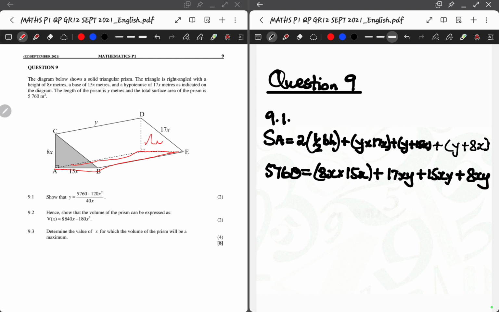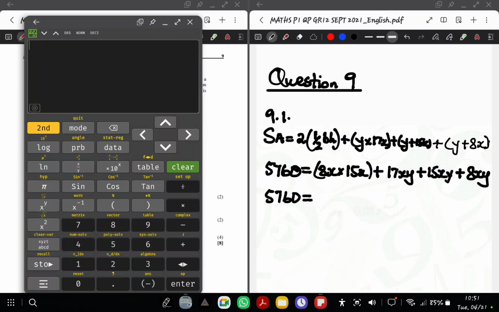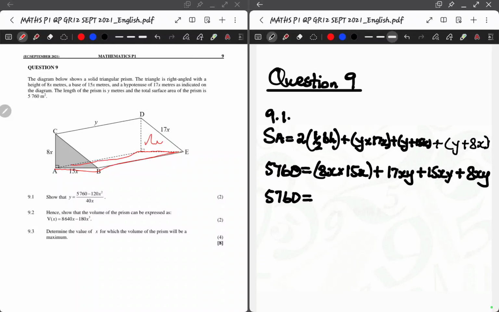So this will give us 5760. Then for x squared, 15 times 8, that's 120.